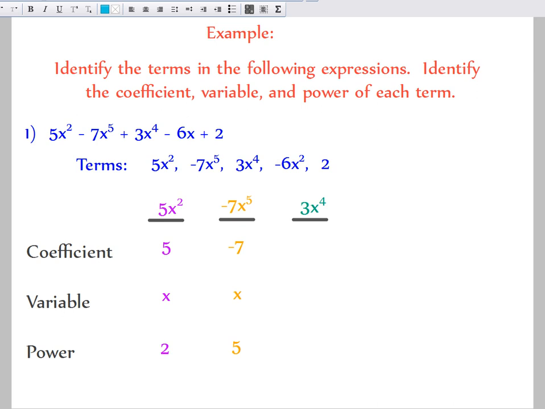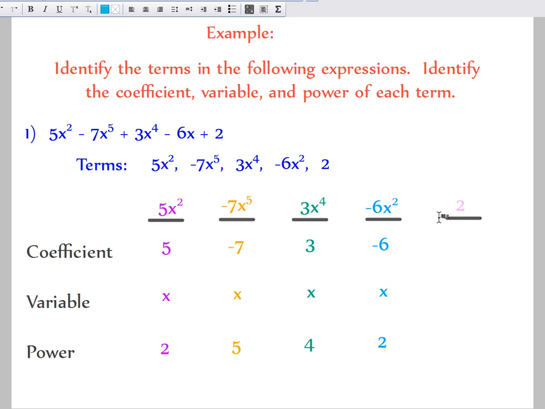In 3x to the fourth, what's the coefficient? What's the variable? And what's the power? Did you get 3, x, and 4? If so, awesome. The next one, negative 6x squared, coefficient is negative 6, variable x, and power 2.